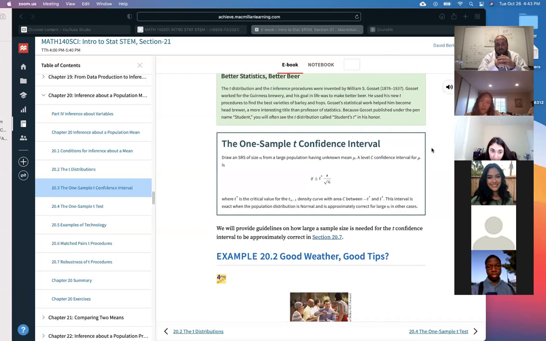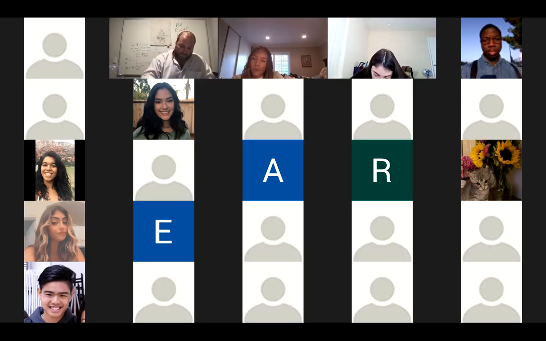They say at the bottom, where T star is the critical value for the T n-1 density curve with area C between negative T star and T star. That's how they define T star. Okay. Got it. All right.